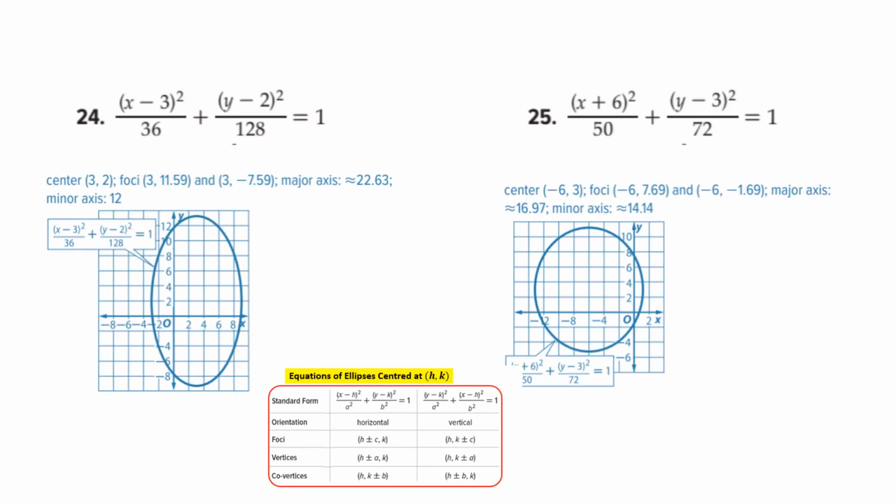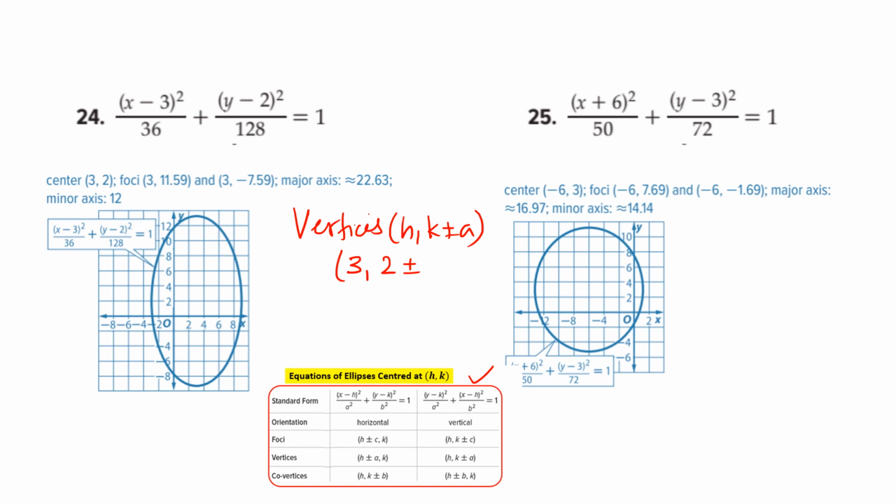Okay, so if we use the formula sheet for vertical ellipse, this is vertical, then we know the vertices are given by h comma k plus minus a. So let's put the value. H is 3, k is 2, and plus minus a value means the square root, which we got in the previous slide. So that was 6 for this question.